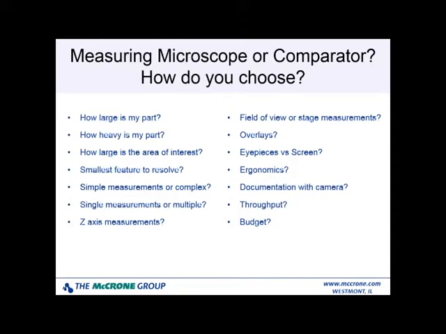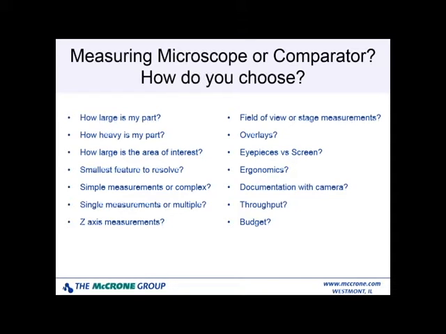Am I doing simple measurements or complex measurements? Is it a simple point-to-point or will there be multiple measurements involved? Am I doing z-axis? Is there a height that I need to measure? Am I going to use eyepieces, or would a screen be more ergonomically efficient for me? If you're using a screen, perhaps you might want to use overlays, which are specific to parts.